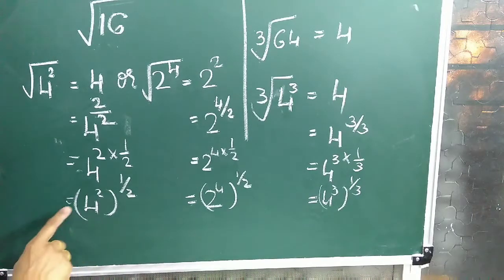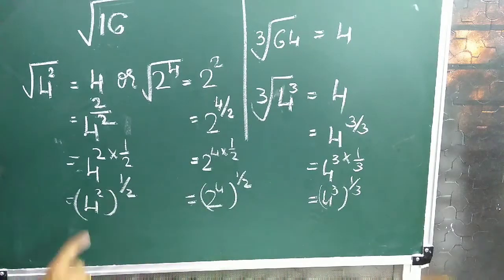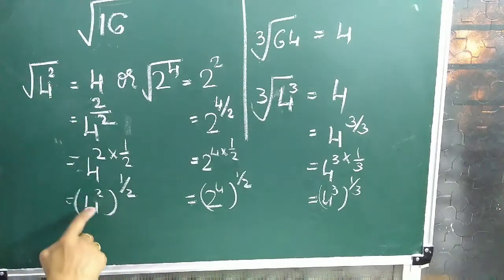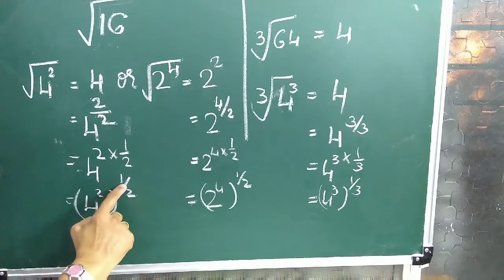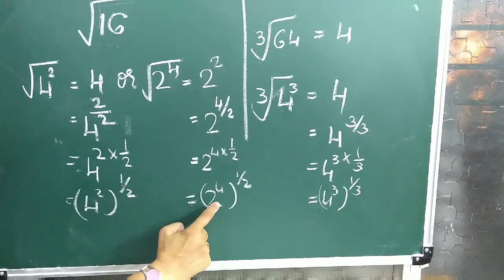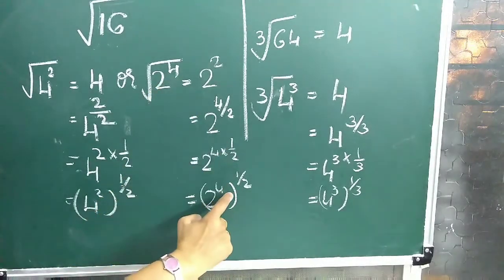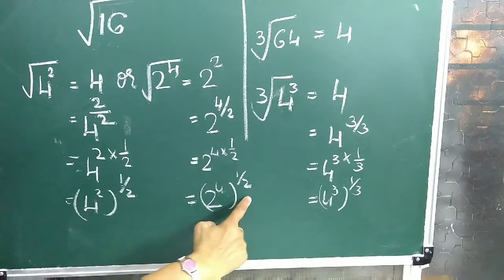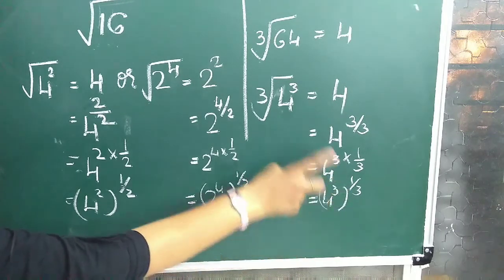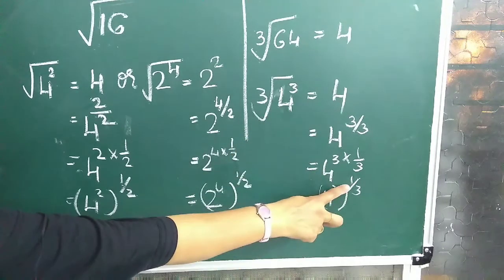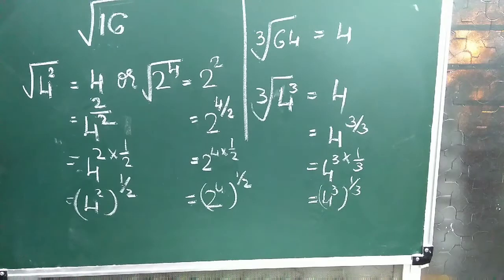Now look at the result we get. 4 square remains as it is and the exponent is 1 upon 2. 2 raised to the power 4 remains as it is and its exponent is 1 upon 2. 4 cube remained as it is and its power is 1 upon 3.